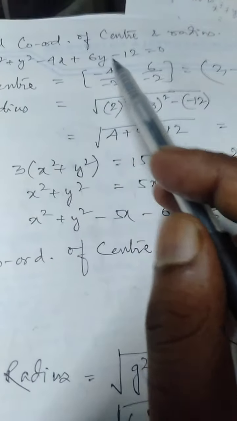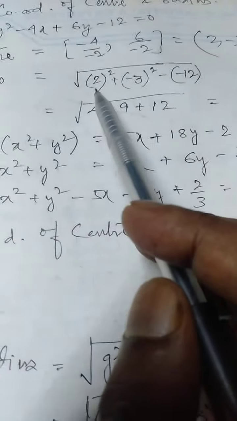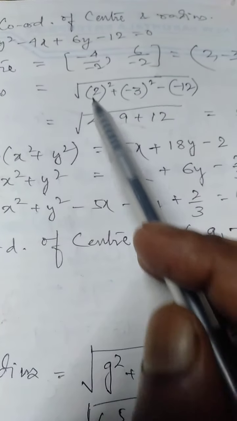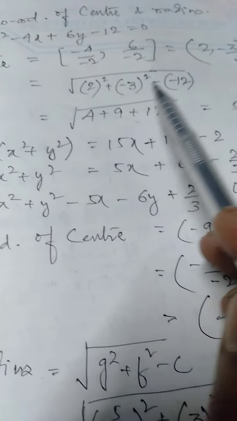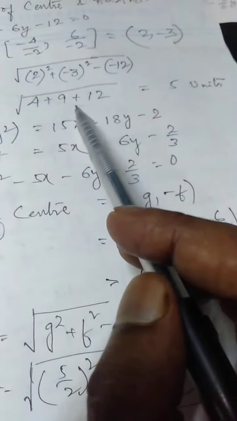Whatever is the coefficient of x, whatever is the coefficient of y, you divide it by minus 2 and you will get the coordinate of center. Radius is what? Root over g square plus f square minus c. So that is 2 square plus minus 3 square minus minus 12. This will give root 25, that is 5 units.